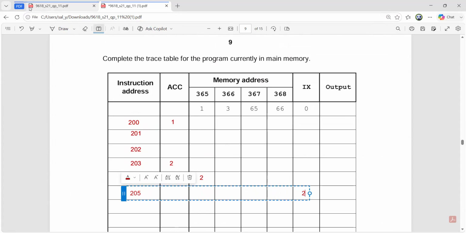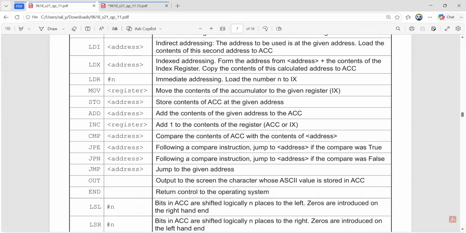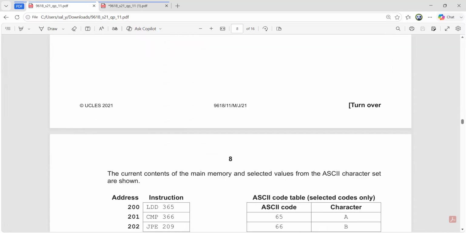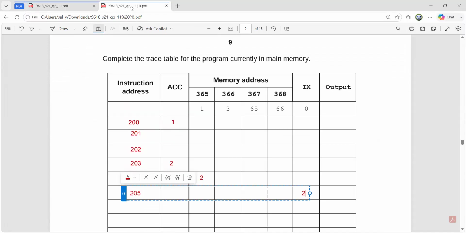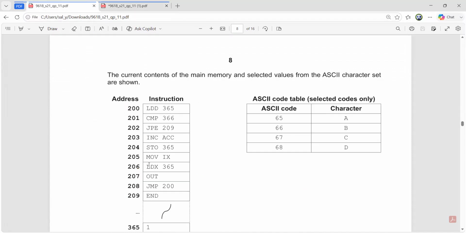Now, the next instruction. After MOV, the next instruction is LDX 365, and that is 206. Let's do it here: 206, and that is LDX 365.